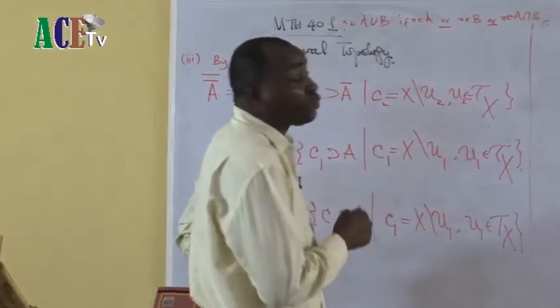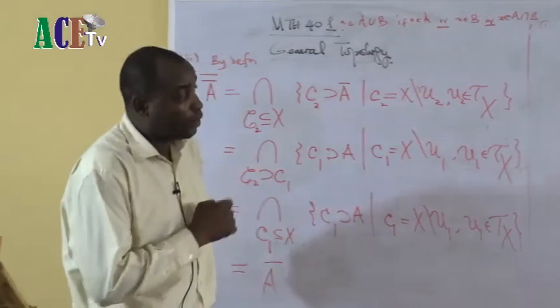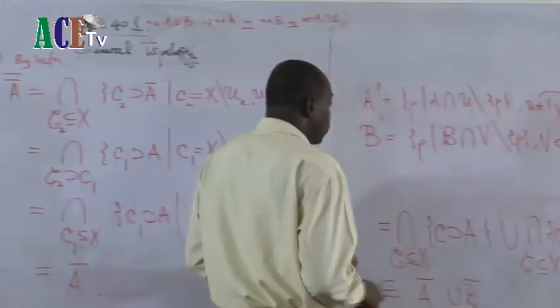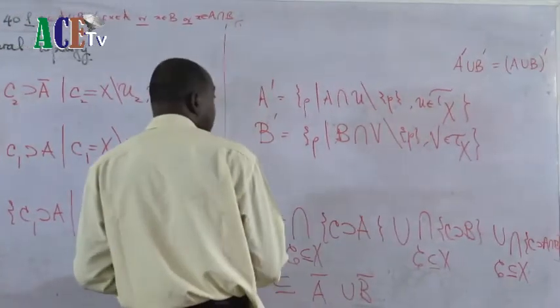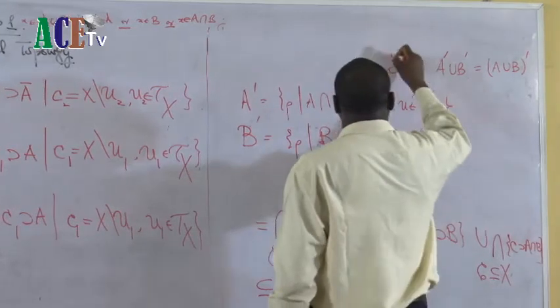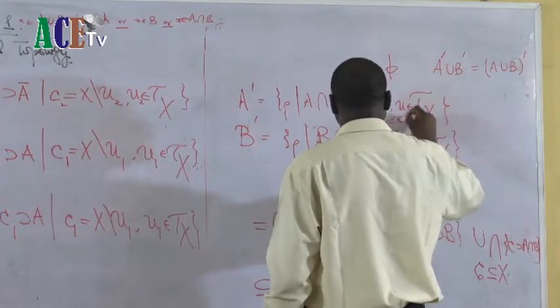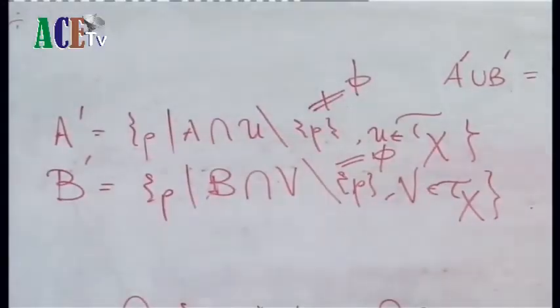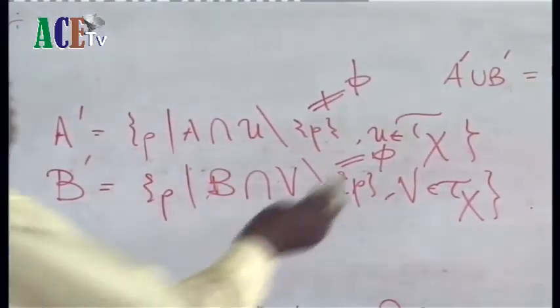And you need to take the union of this. Of course, this is not equal to the empty set by definition.